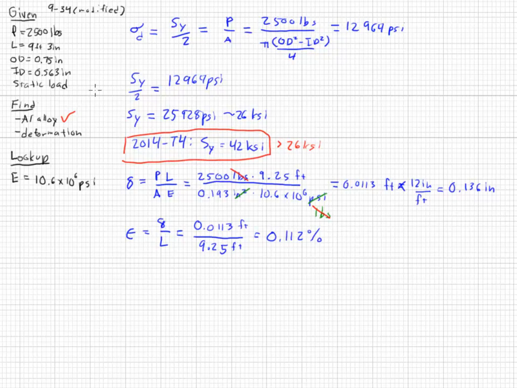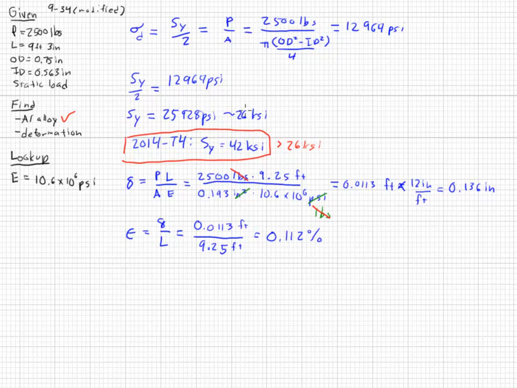To recap, we were given a load, the dimensions of the cross-section, and a length, and the type of load, and told to find a suitable alloy, aluminum, and calculate the deformation. We needed to look up the modulus of elasticity and also the yield stress of the material, but we needed to look at the design stress first, calculate that, relate it to the yield strength that's needed.